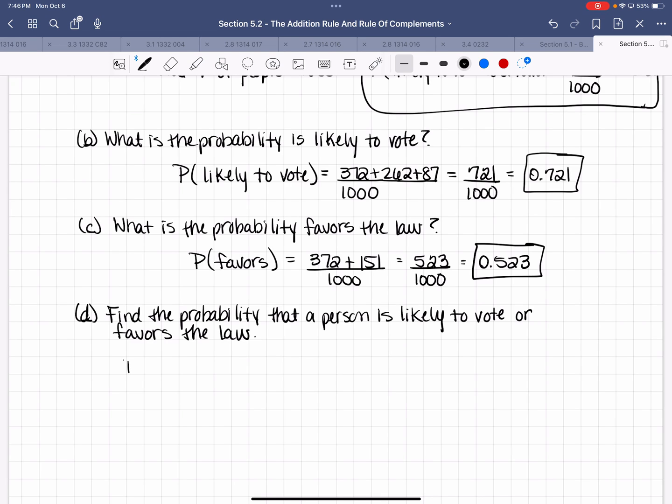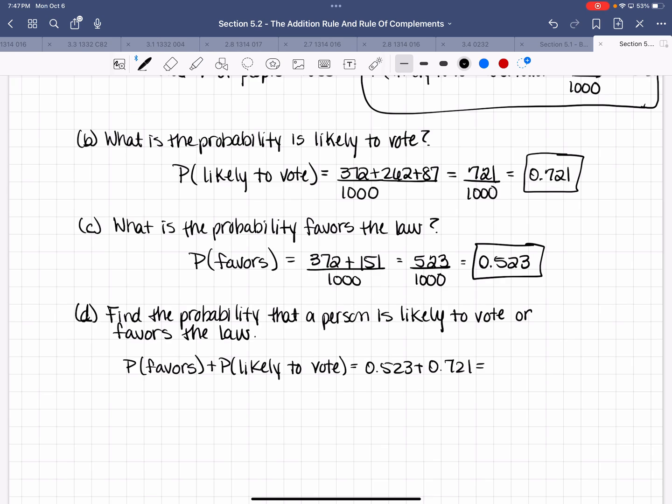If we were to say the probability of favors plus the probability of likely to vote, let's see what happens. The probability of favors is 0.523 plus the probability of likely to vote is 0.721.